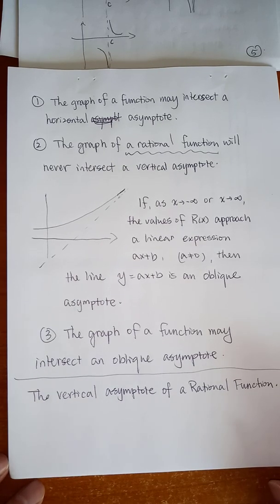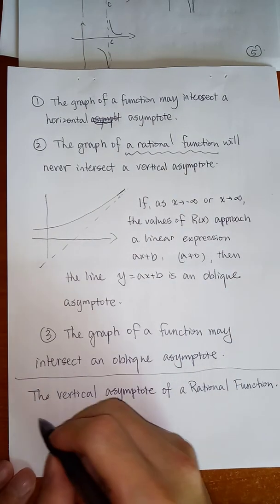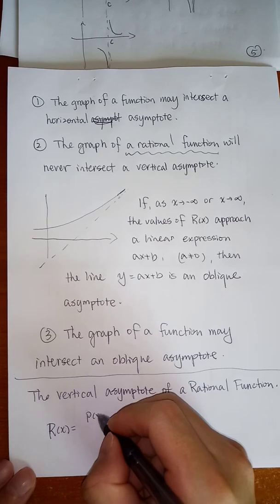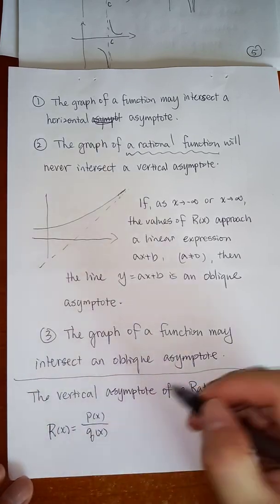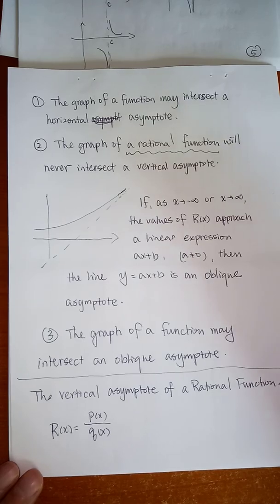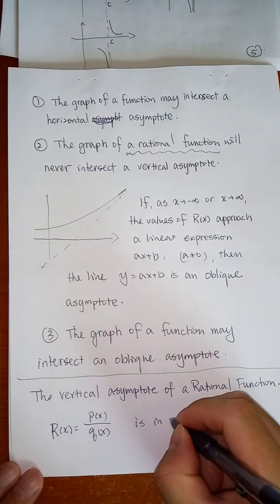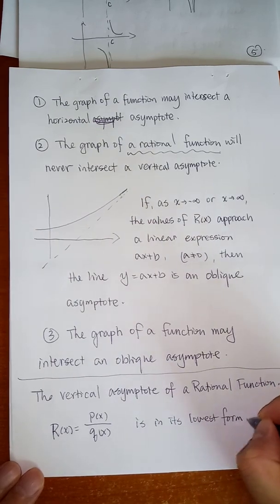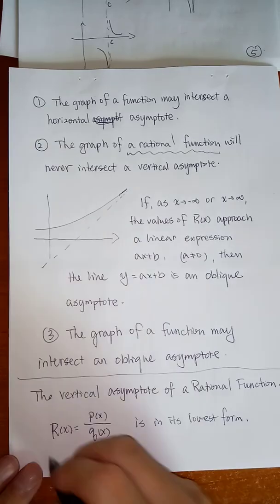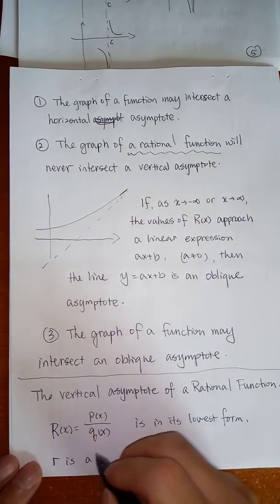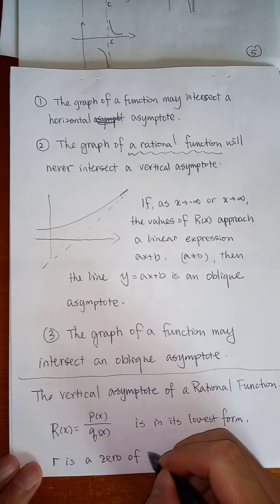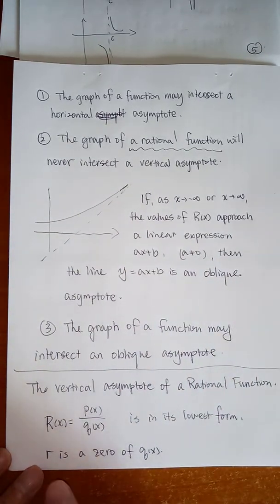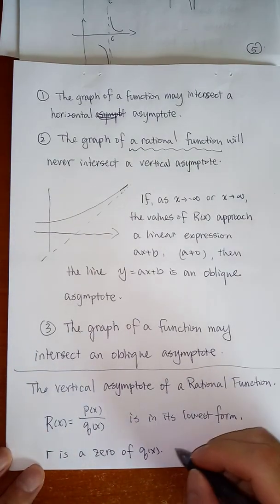The vertical asymptote of a rational function, let's check. Assume this rational function is in its lowest form. In the lowest form. And R is a 0 of Q of x. R is a 0 of the denominator. Remember that this R is not in the domain. R is not in the domain.